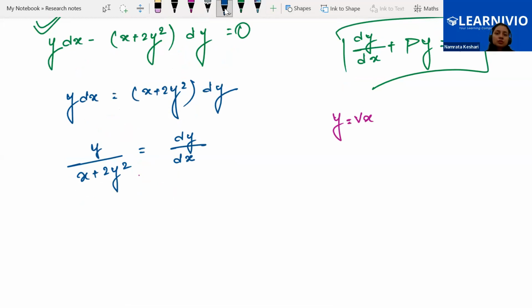If we take, let's say, dx by dy of the same differential equation, since here in the denominator two terms are there and we are not able to split them.